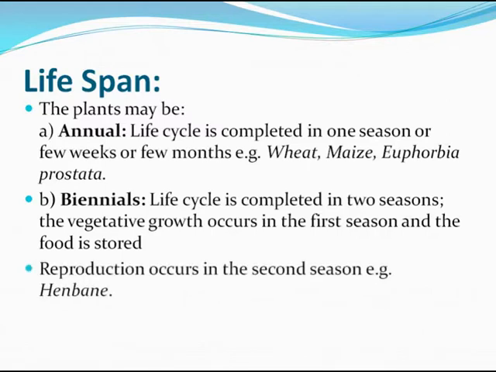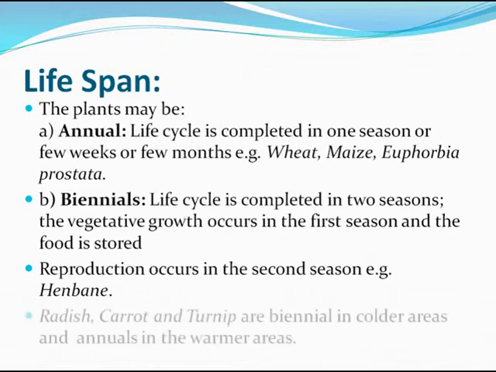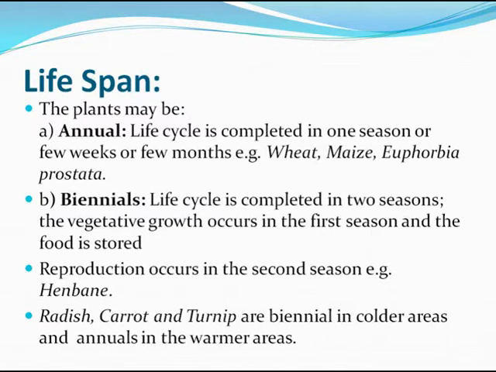The reproduction occurs in the second season in the biennials. Example is henbane. Radish, carrot, turnip are biennials in colder areas and annuals in the warmer areas.